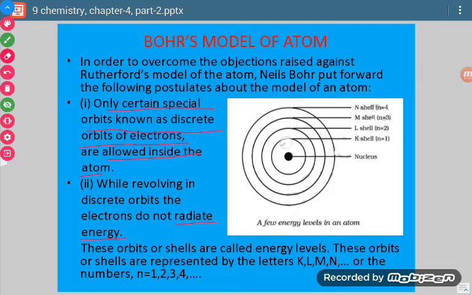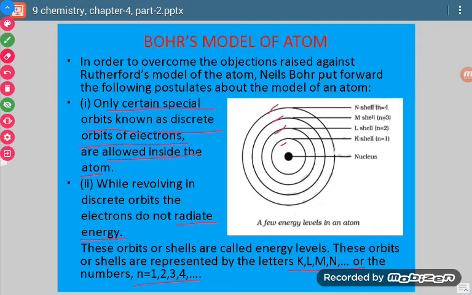So here these are the four shells or orbits. They are known as main energy levels or shells or energy levels. Okay, now they are denoted by K, L, M, N or with small n, and small n values are 1, 2, 3, 4. So if we say it is K shell, then it means n value is 1.